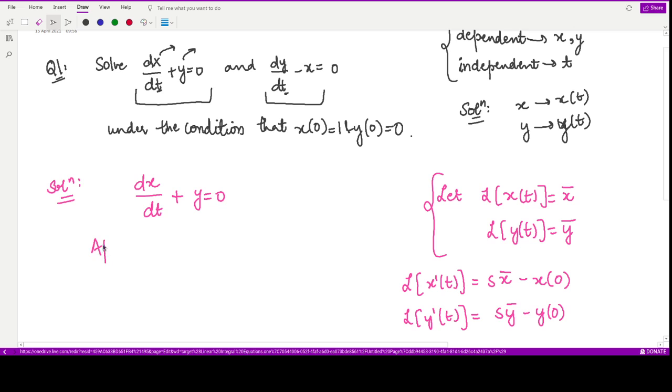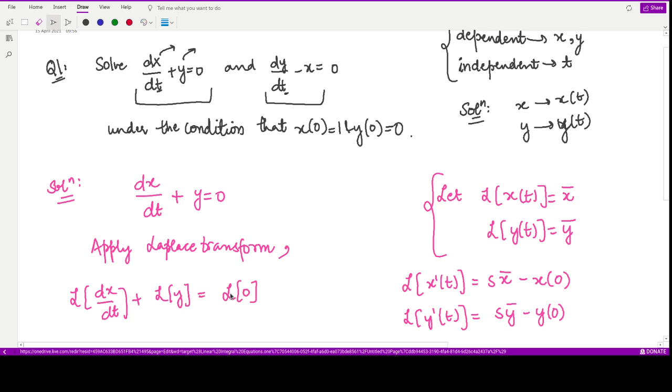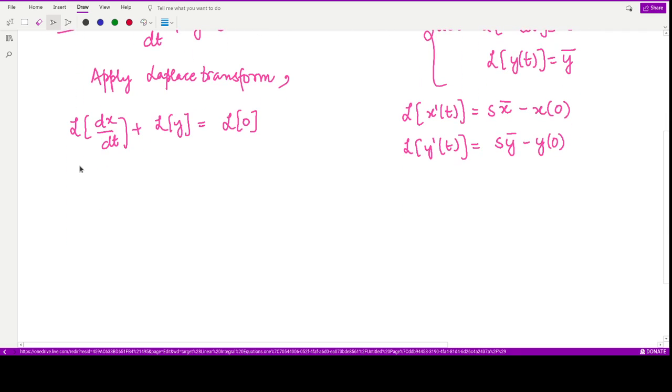Firstly we'll apply Laplace transform on both sides. So we have the Laplace transform of dx by dt plus the Laplace transform of y equal to the Laplace transform of 0, and the Laplace transform of 0 is 0 only. So we'll substitute the values here.